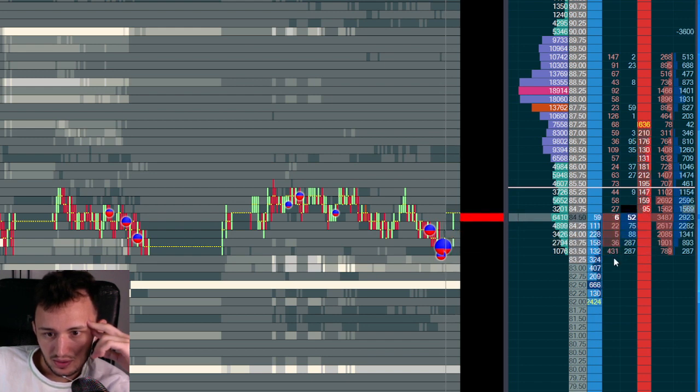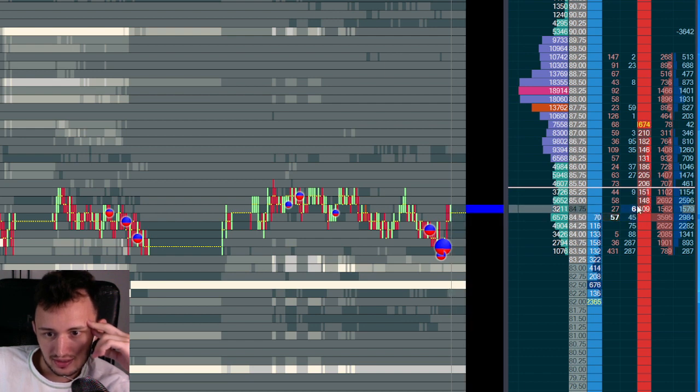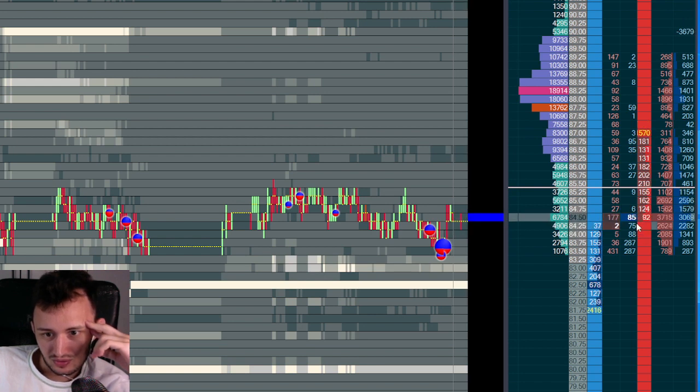So now I would be really tempted to short here at point of control. I want to see volume dry out here first. I want to see if the buyers just give up here, then I'm willing to short this.